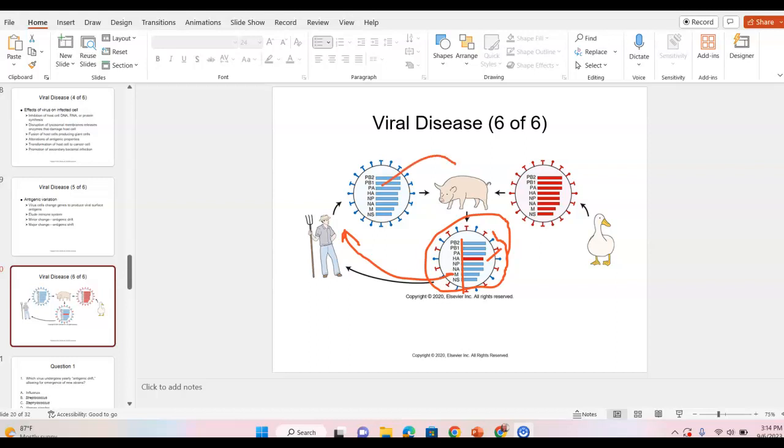I don't know why it's pointing back to the pig. I'll be honest with you, I should pull out the book, which I don't have here. I have it at my workplace. This is going to be that antigenic shift, where you can see all of these factors are changed. So maybe what they are saying here is this gives it to the pig, which is able to modify some of those into a little bit of a minor change for us rather than a major change. But I will get the book at some point and take a look at that.